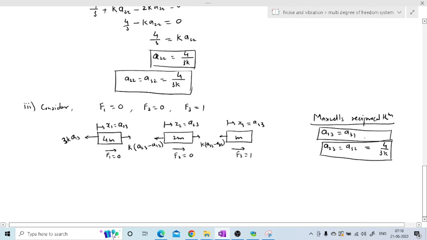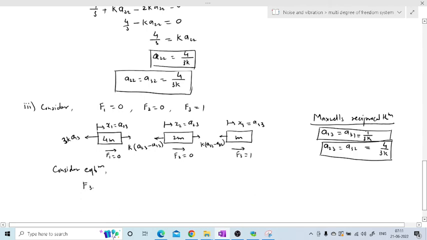So we have two values, from mass 1 and from mass 2 we have both the displacements. So there is no need to write the equilibrium condition for that. So we will directly consider the equilibrium condition for mass 3. So I will write here, consider equilibrium. Now write from the third one.